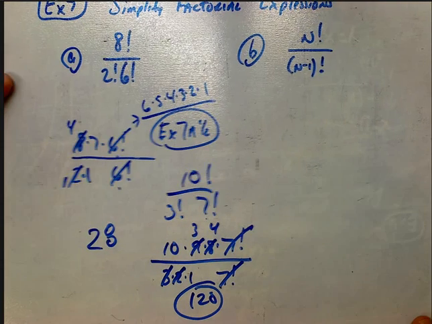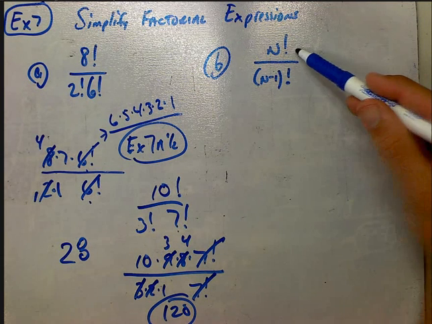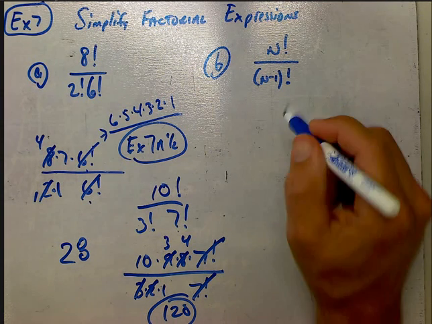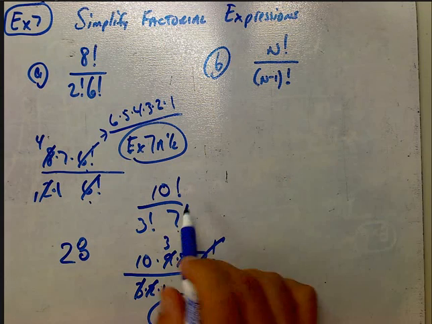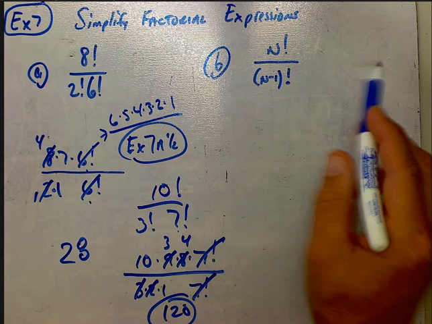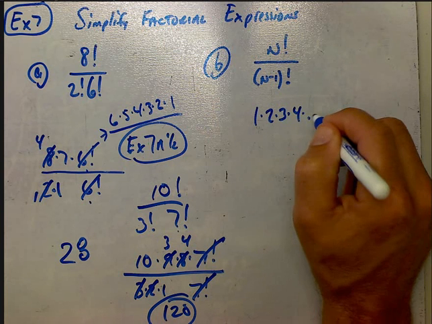On B, I'm going to use more of an abstract concept with n's. N factorial is the same thing as, if we're going to work it backwards, instead of going 10, 9, 8, 7, 6, 5, 4, 3, 2, 1, I'm going to go forward and say it's 1 times 2 times 3 times 4 times ... whatever n is.